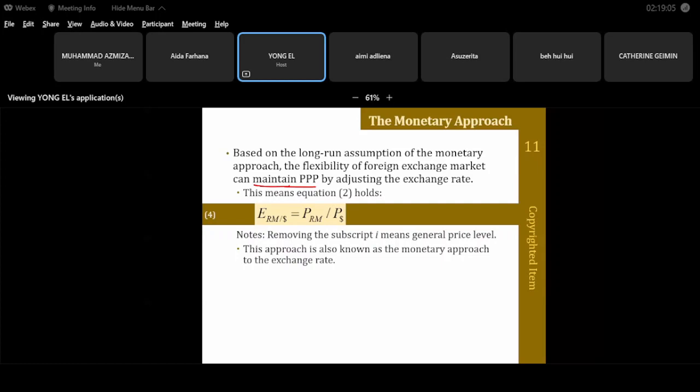But for this to happen, we require the flexibility of Forex. For this flexibility to be optimized, we need a long run. Long run allows the maximum flexibility for the foreign exchange markets to adjust in order to maintain PPP.